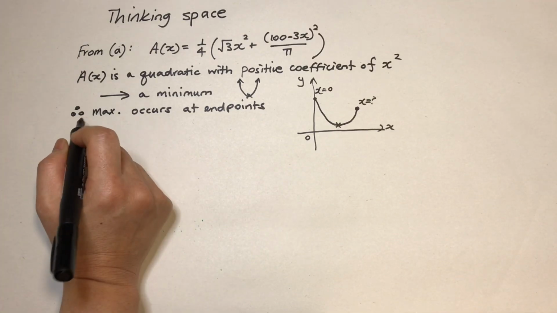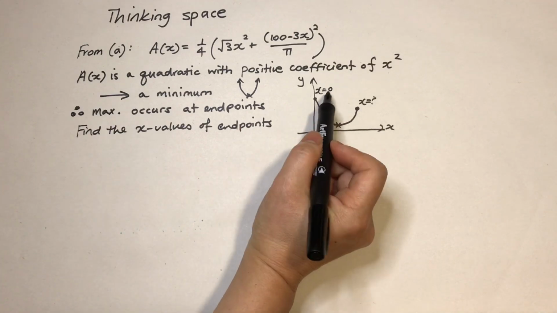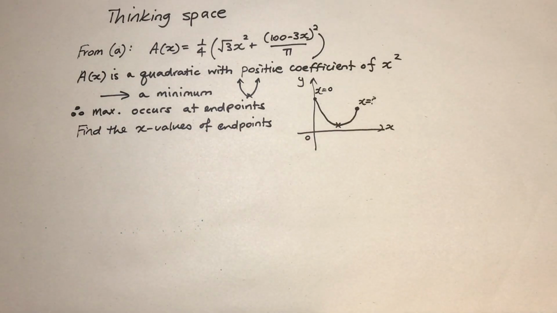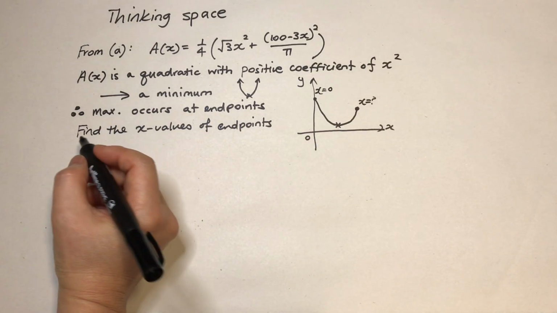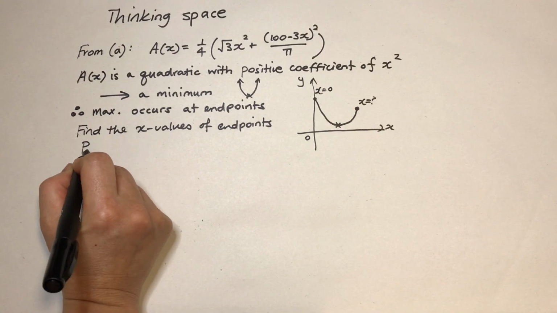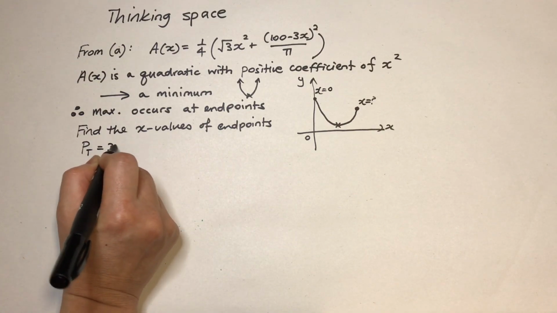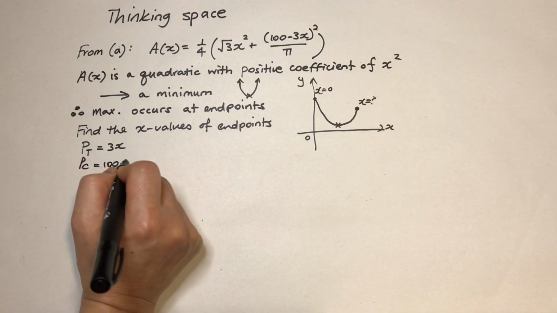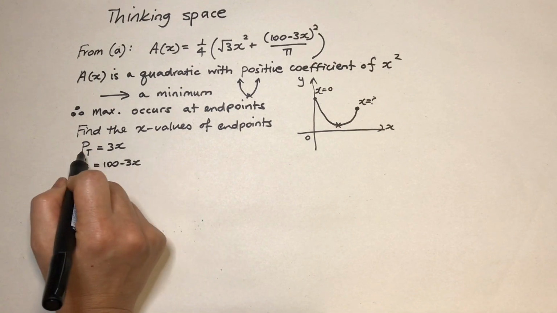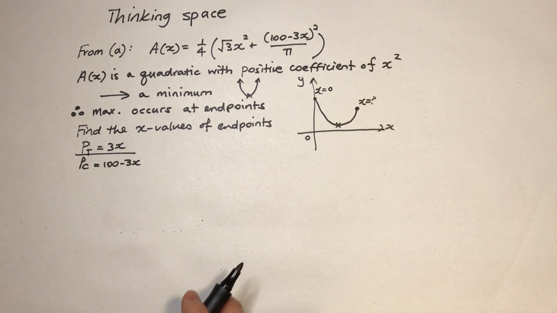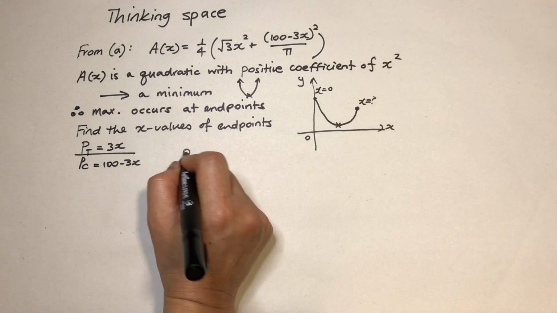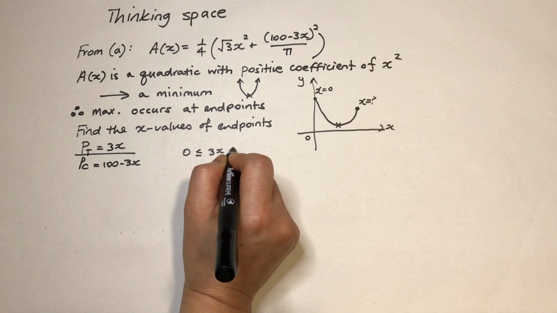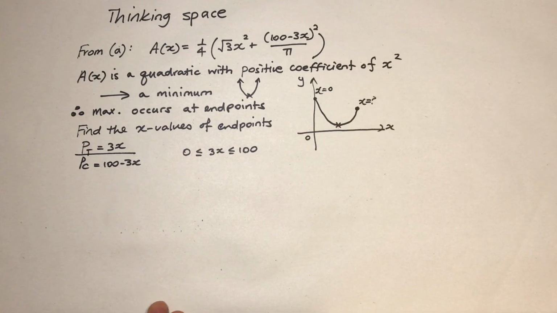So I need to find x values. We know that one of them is 0, and we just have to find the other one. I have to find the domain. Now, perimeter of triangle was 3x, and perimeter of circle is 100 minus 3x. Now, I'm going to use perimeter of triangle. So it goes from 0 to 3x to 100 because the total was 100 centimeters.